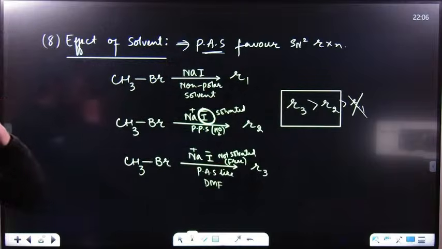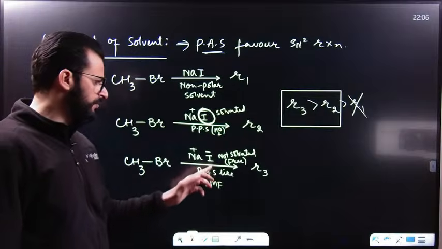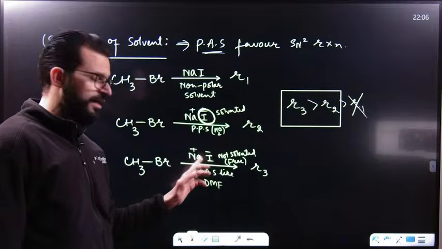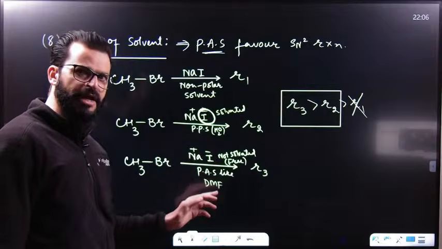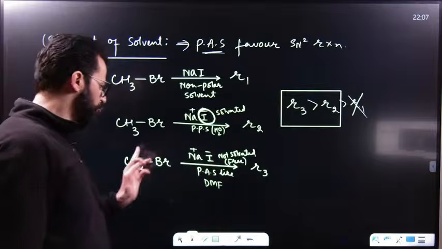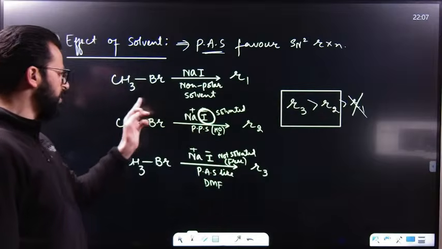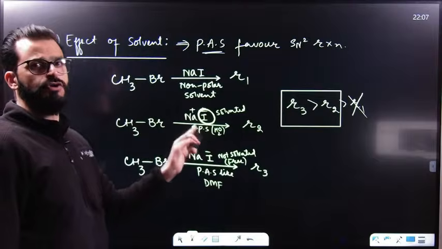I hope this is clear to you all. Why polar aprotic solvents? Because in these solvents, the nucleophile will be formed, because this ionic compound will be ionized, and this nucleophile is free to attack the electron deficient site. In the other case, the nucleophile is formed, but it is not free to attack this electron deficient site because of solvation.